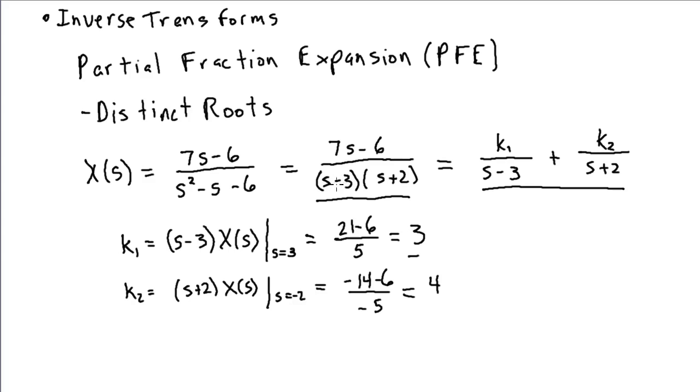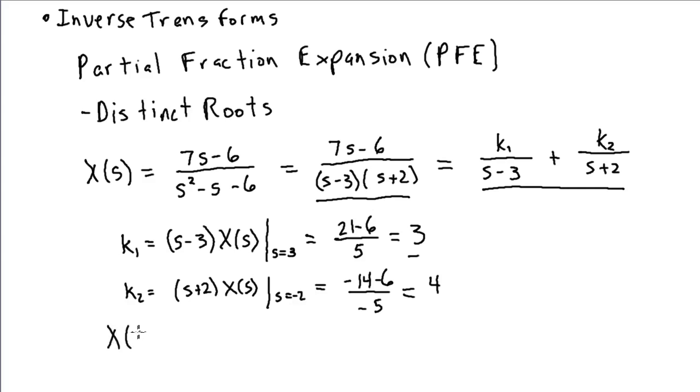Sometimes this is called the cover-up method, because one common way of doing this is actually just putting your finger over the s minus 3 term on the left-hand side, and then evaluating at s equal to 3. Similarly, I could find the K2 term by just covering up the s plus 2 term on the left-hand side and evaluating the rest of the expression at s equal to minus 2, and directly get K2.